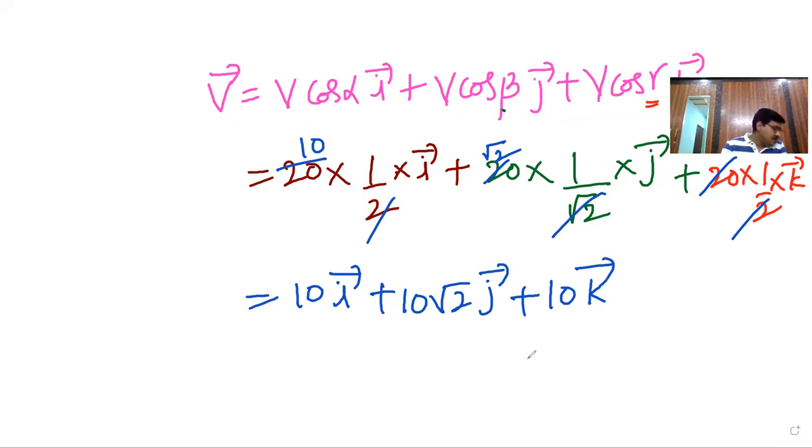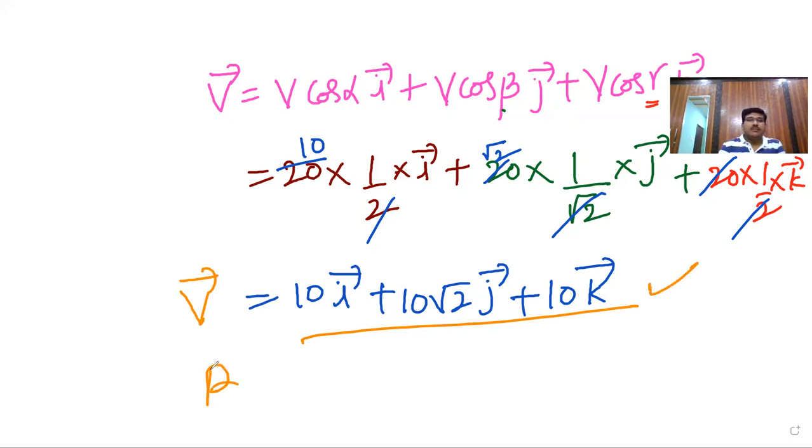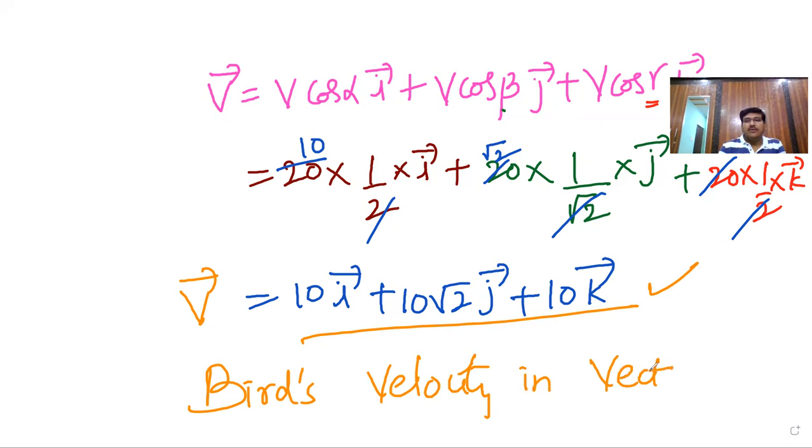Clear? This is the final answer for the above problem: the bird's velocity in vector form.